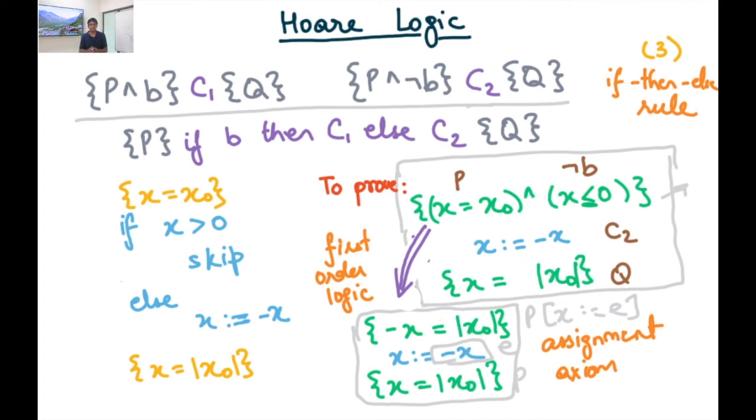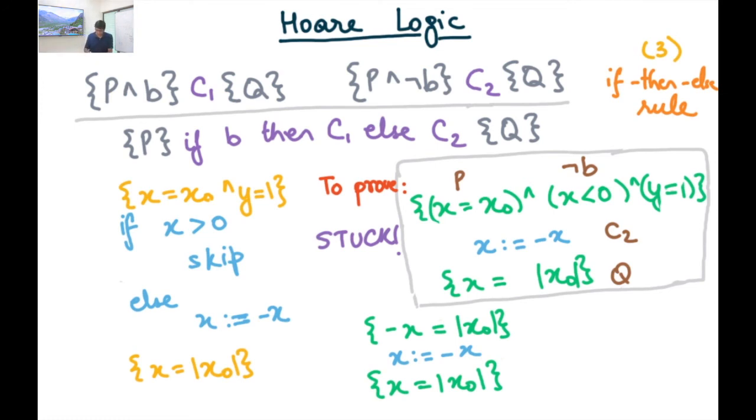But so far we haven't discussed the rule which says that, so we won't be able to construct this Hoare triple as such, and it cannot be constructed by the three rules we have discussed so far. I'm going to discuss a fourth rule very soon that's going to allow us to construct this Hoare triple as well.